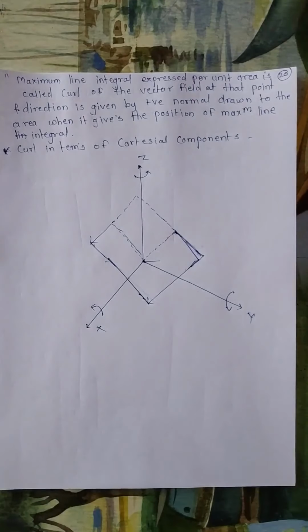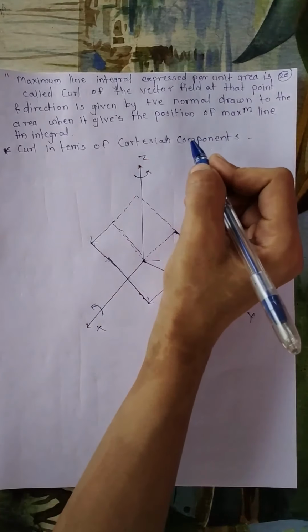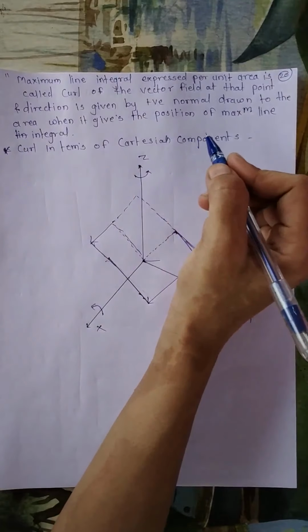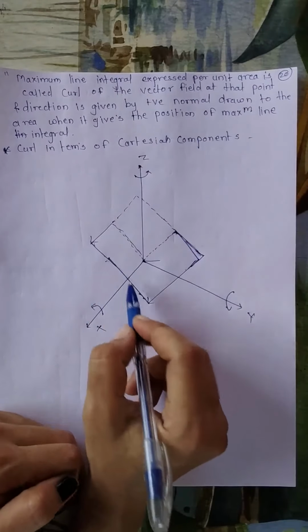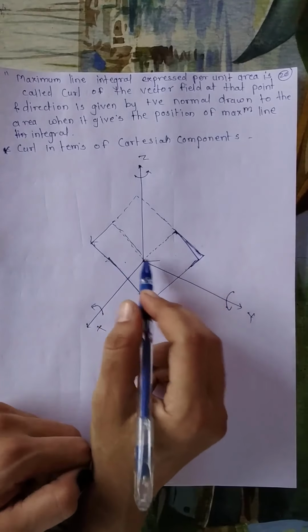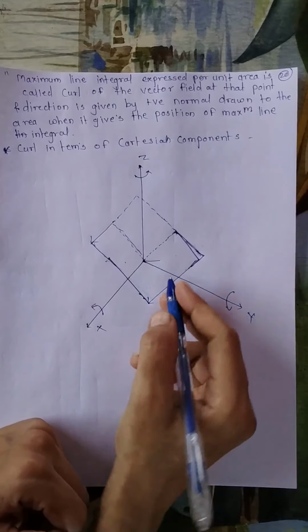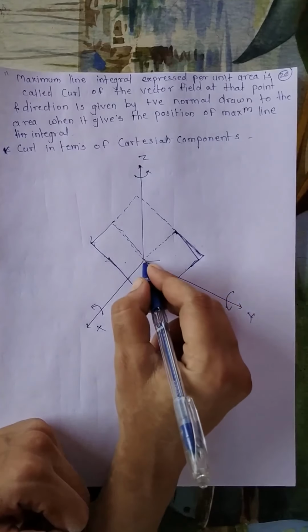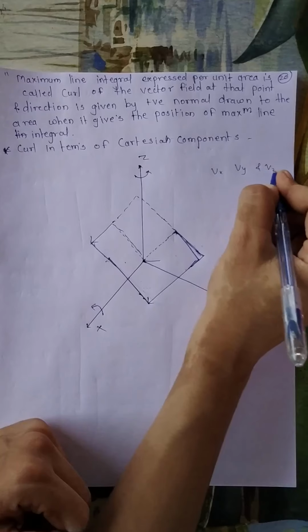Now we will discuss the curl in terms of Cartesian components. So we will consider three infinitesimal rectangular areas, 1, 2, 3. These three infinitesimal rectangular areas intersect mutually at right angles at the point where the vector field V bar has components Vx, Vy and Vz.